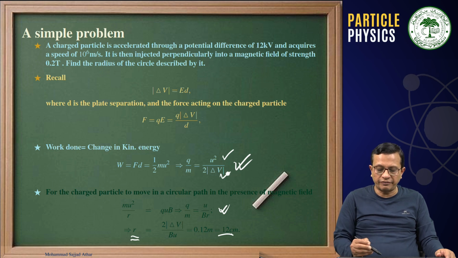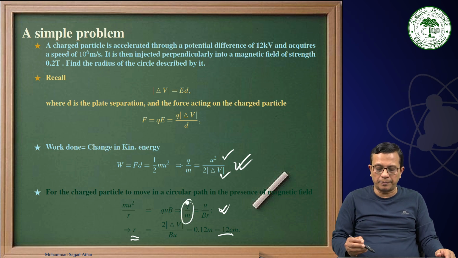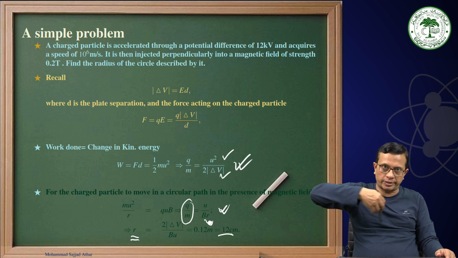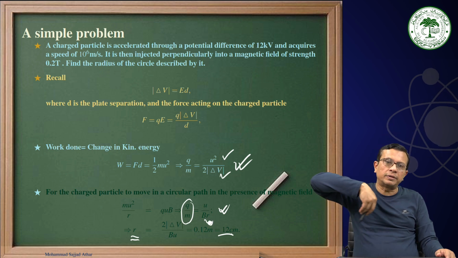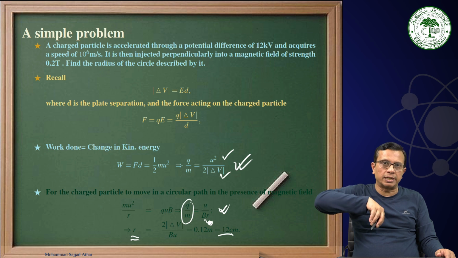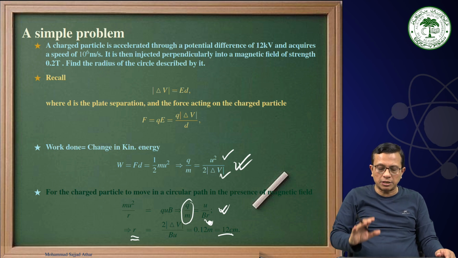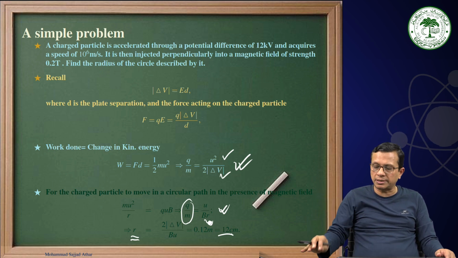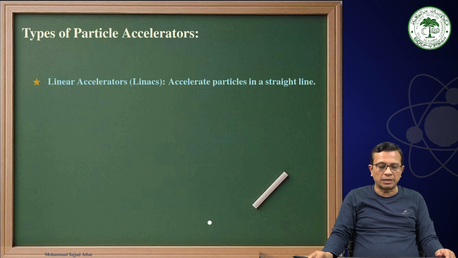Then we see that this Q by M is also related to the magnetic field and the radius of the circular path it is making. Therefore, these are the important concepts to understand the acceleration of charged particles.